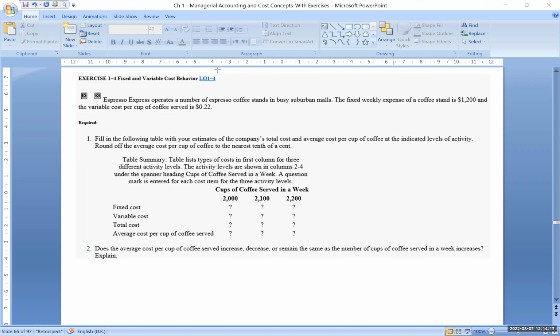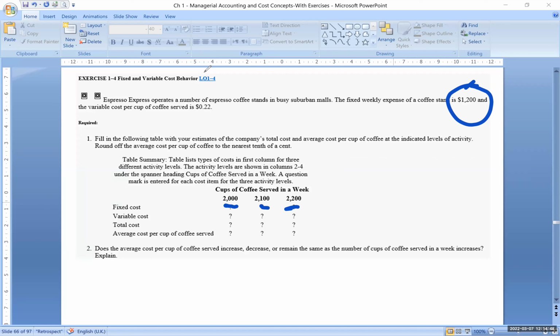So the total fixed cost for the level of 2,000 will be 1,200 here, right? The other number will be 1,200. The third number will be 1,200. Why? Because the fixed cost is fixed regardless of the level that we serve.